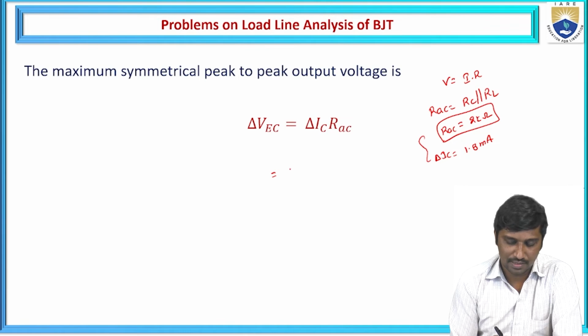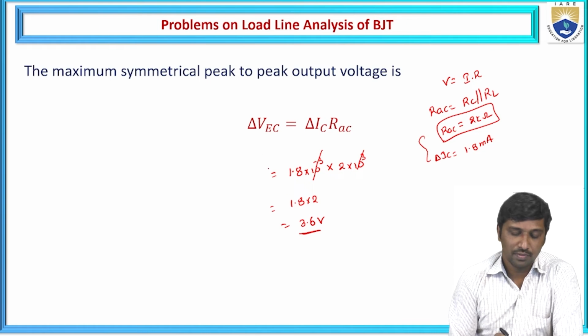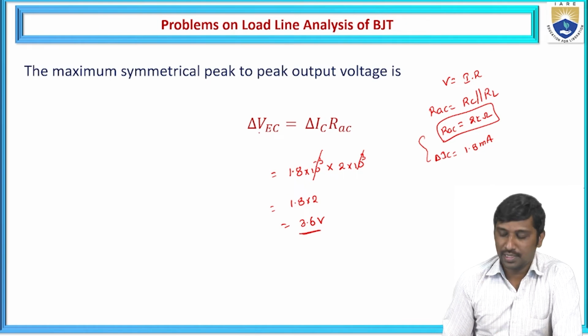It is represented as 1.8 into 10 to the power of minus 3 into 2 into 10 to the power 3. The minus 3 and 10 power 3 cancel. 1.8 into 2 is equal to 3.6 volts. The unit is volts because we are measuring voltage.